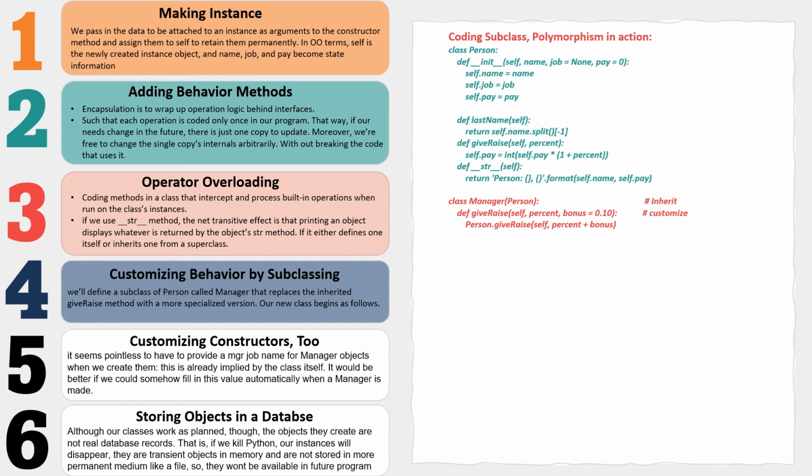We have discussed polymorphism in Python, but the polymorphism in OOPs is this. In simple terms, what the give raise method does depends on what you gave it to the code before. This is what is called polymorphism.